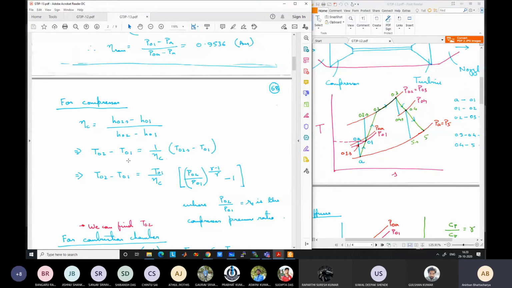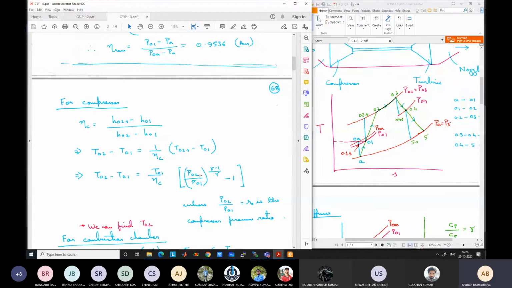In terms of the symbols, I can write T02 minus T01 is equal to 1 by eta C times T02S minus T01. If I take T01 out from this bracket, I get T02S by T01, which is nothing but P02 by P01 to the power gamma minus 1 by gamma, where P02 by P01 is a known quantity, the compressor pressure ratio RC.